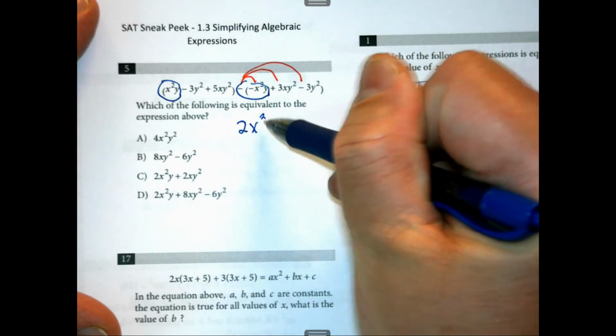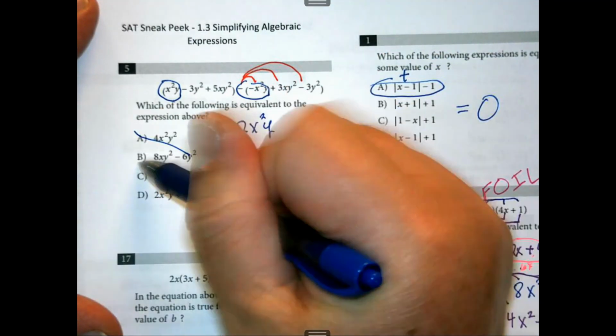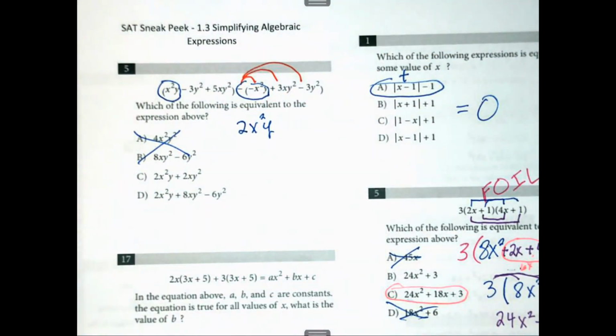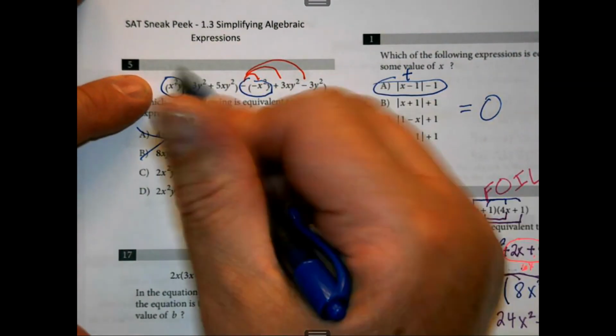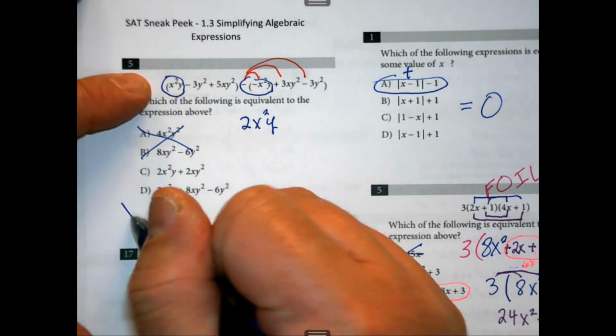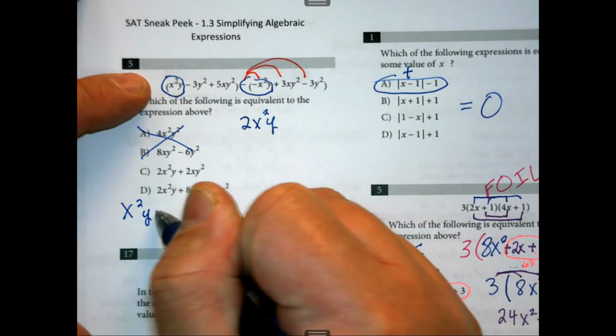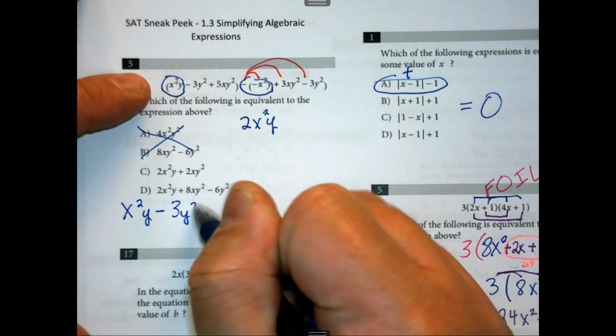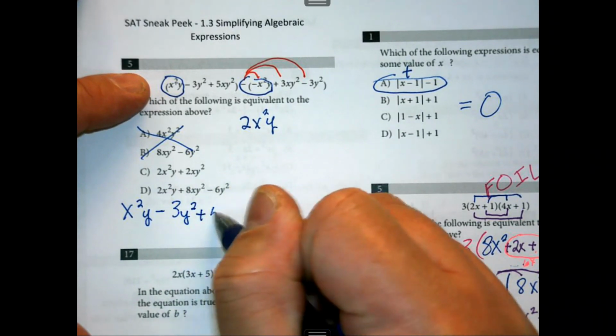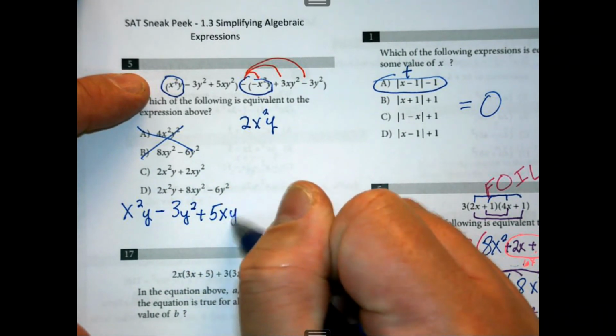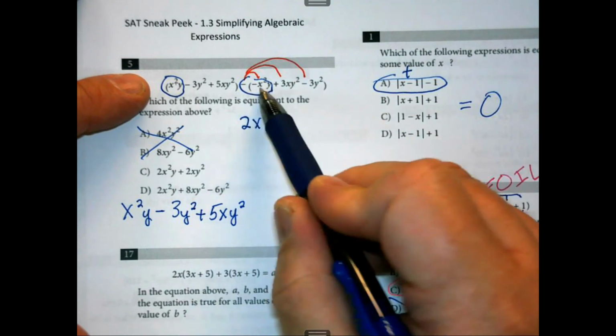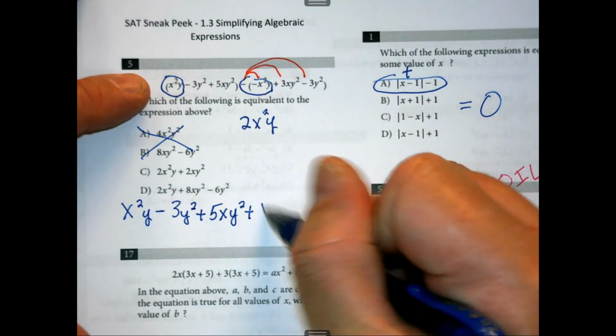2x squared y. So guess what? Cancels those right away. How do you do 2x squared y? Okay, let me write it out. I have x squared y minus 3y squared plus 5x y squared. Minus a minus gives me a plus x squared y.